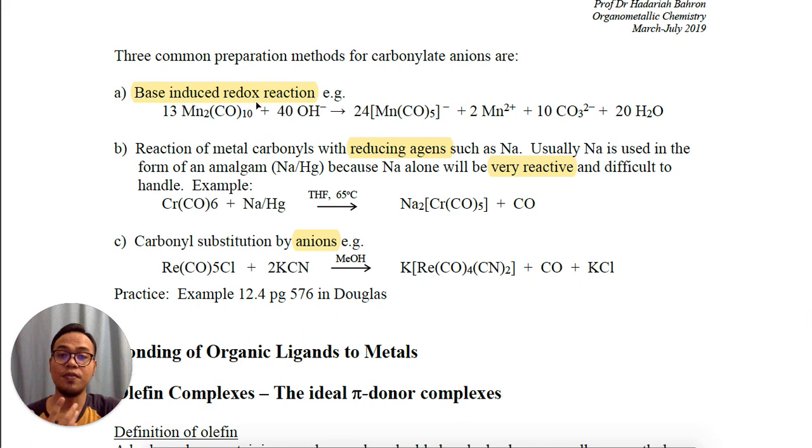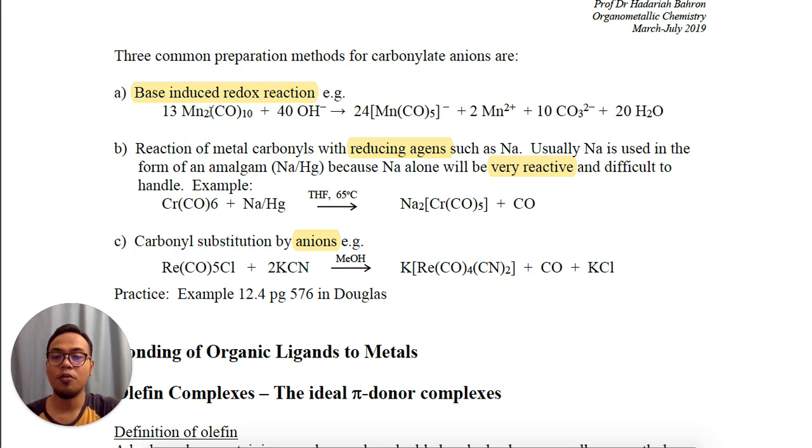So you have to prove that in this reaction. So we have hydroxide and we have your carbonyl complex here. Carbonyl complex is used to prepare carbonylate complex. So from this state, you will become negatively charged. So we understood this quite obviously here that your Mn from 0 state has now become 2 plus.